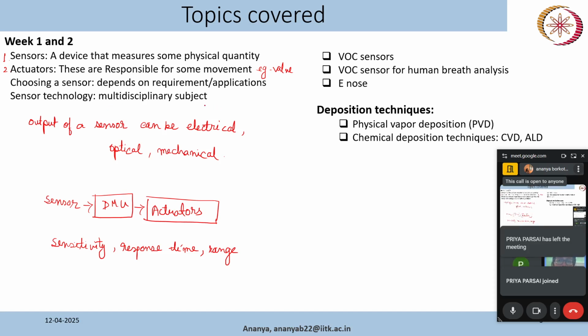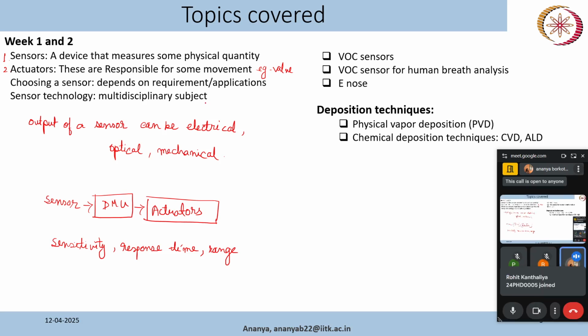It requires knowledge of many areas. For example, if you are working on a biological sensor, then you will need the knowledge of biology. You will need the knowledge of electrical engineering if you are making an electrical sensor. And then you have to have the knowledge of fabrication and some material aspects as well, if you are actually making, fabricating the sensor.